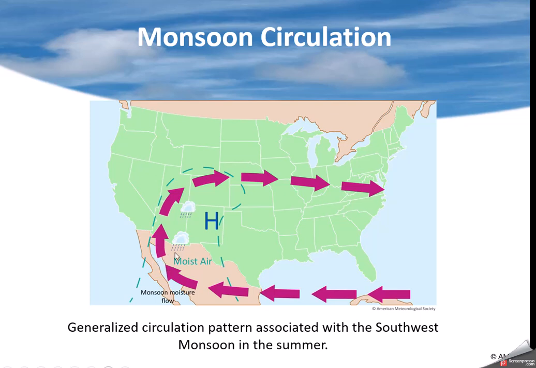So with that heating, you get lots of rising air. Well, we know that when rising air occurs, we're going to pull in air from somewhere else. Where does it pull it in from? It pulls it in from the Gulf and from the Pacific, Southeast Pacific.